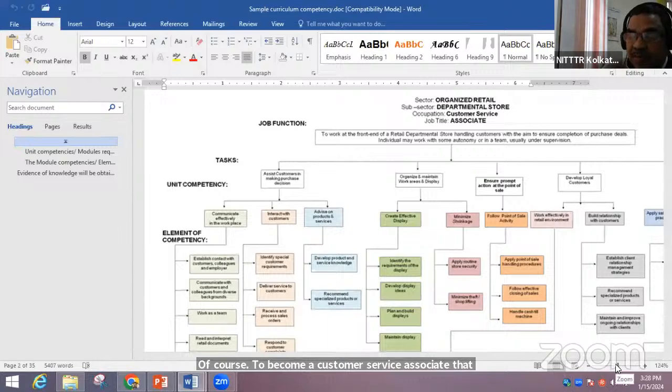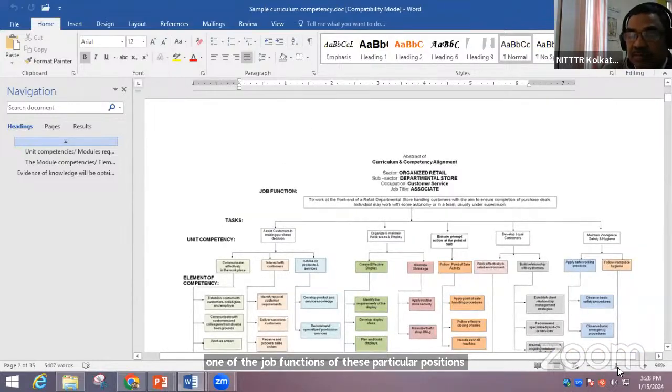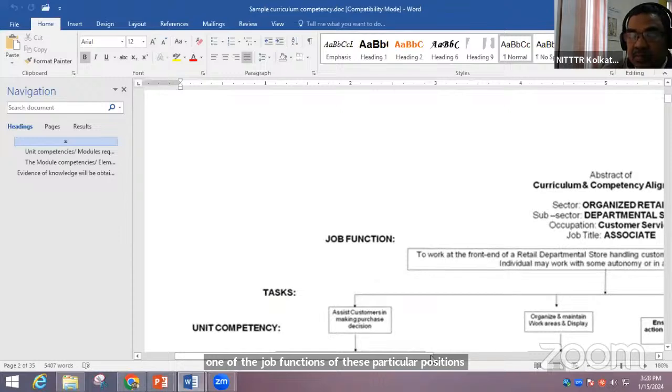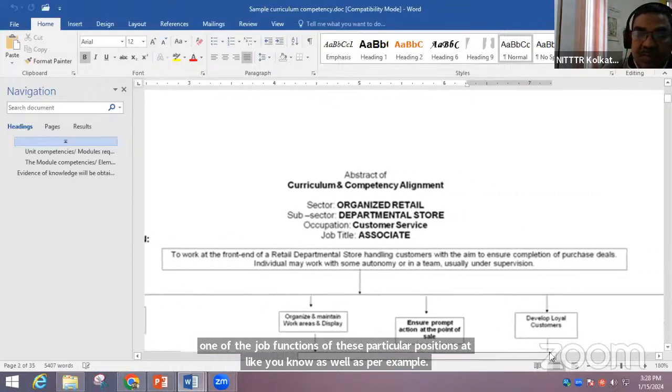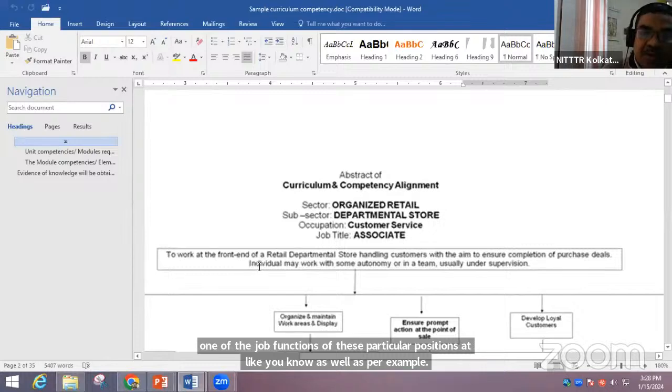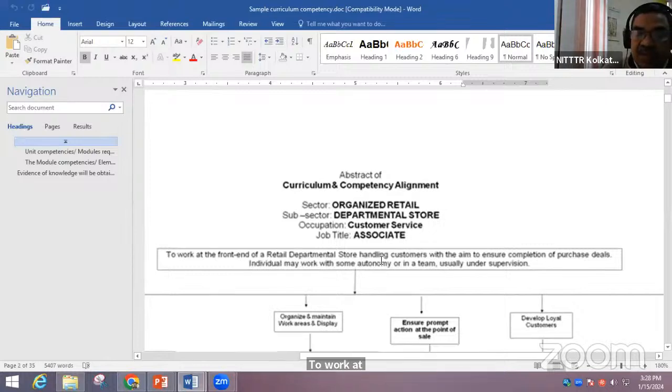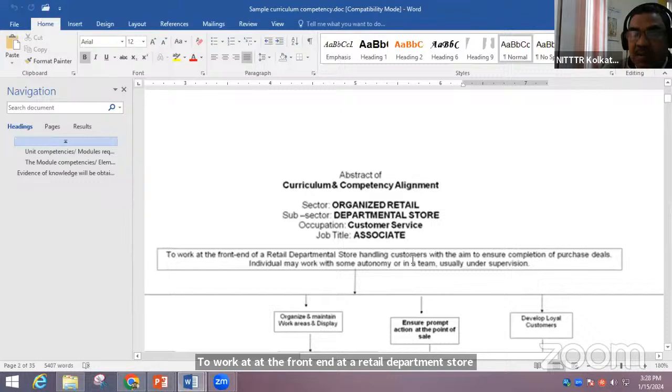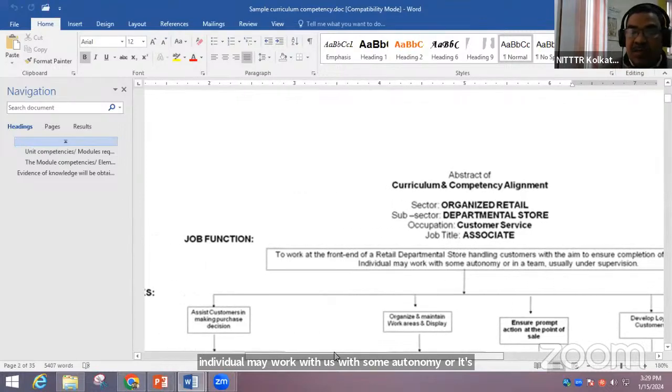For example, to work at the front end at a retail departmental store, handling customers with the aim to ensure the completion of purchase deals. An individual may work with some autonomy or with a team, usually under certain supervision. That is the job function of this customer service associate.